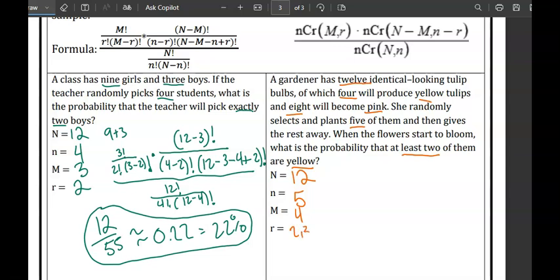So that could be 2, 3, or 4. We could also do not 0 and not 1. For this one, let's go ahead and find the complements. So we're plugging it into this formula where R is 0 and R is 1, and we're going to have 1 minus that sum.